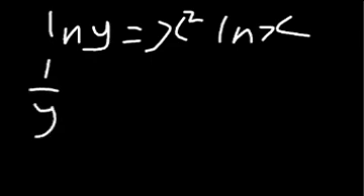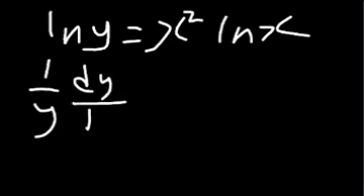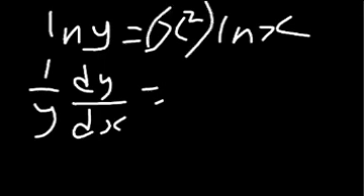Remember, anytime you find the derivative of y, you have to add dy over dx. Remember that, right? So equals, using product rule, that is, find the derivative of the first, multiply by the second, and find the derivative of the second, multiply by the first.